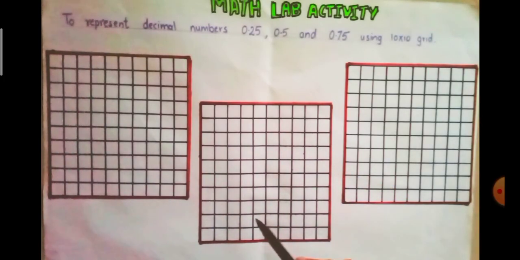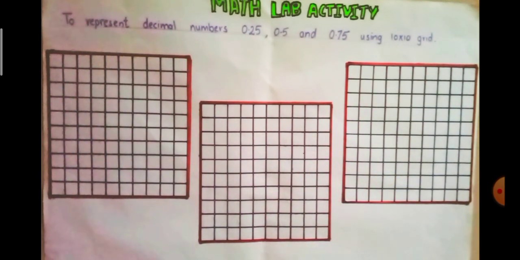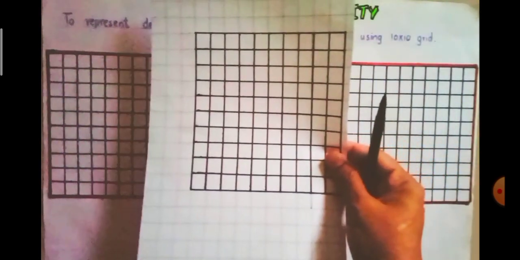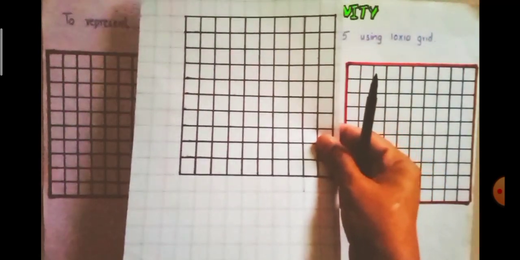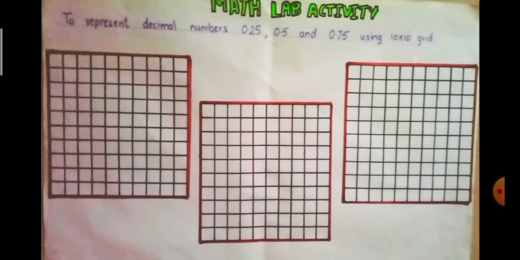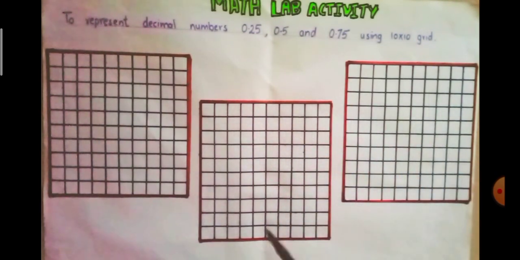To get a 10 by 10 grid, you can draw 10 rows and 10 columns of equal sizes on a plain paper, or you can use a square notebook page on which you will draw the grid. Here I have drawn 3 10 by 10 grids on a plain paper. If you observe carefully, each grid contains 100 small squares.